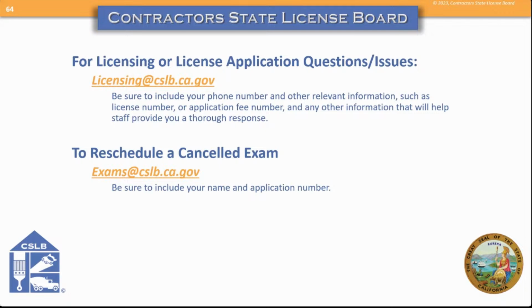Once I already have my plumbing contractor's license, when can I apply for another license such as the B2? So there's no restrictions on time frame of when you can apply to add another classification to your existing license or to apply for an additional license. But once again, for each license and each classification that you want to hold, you will need 4 years of experience in that classification.